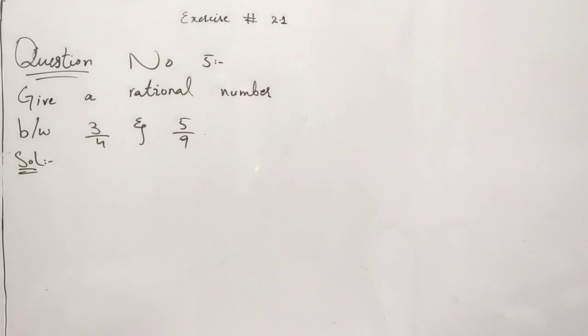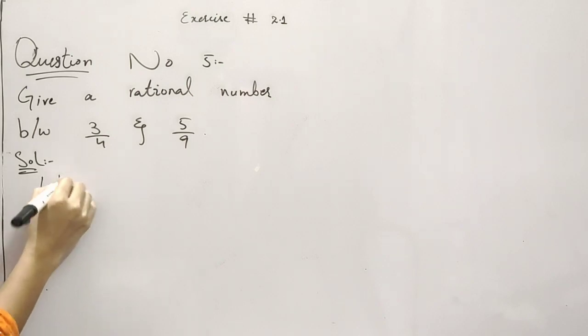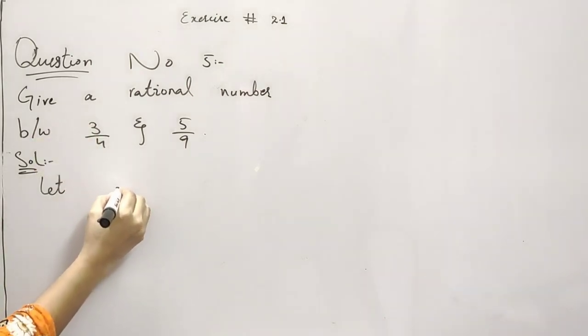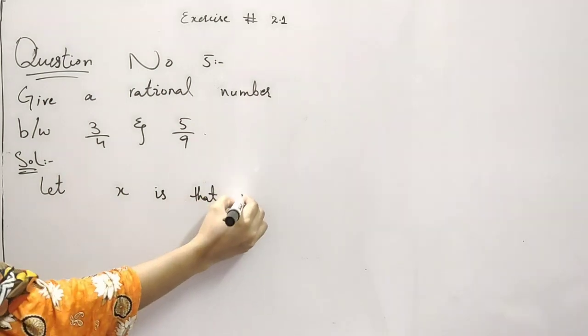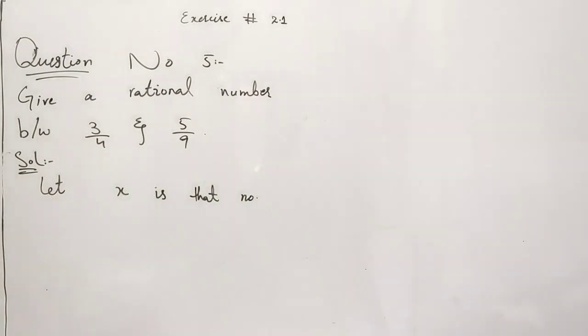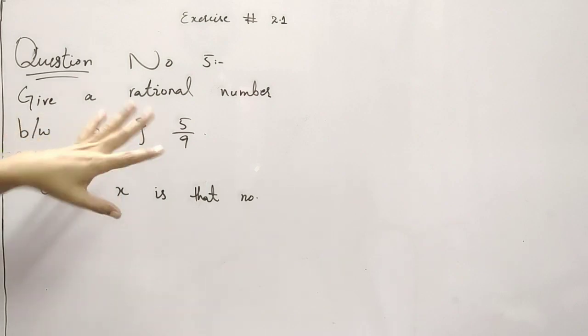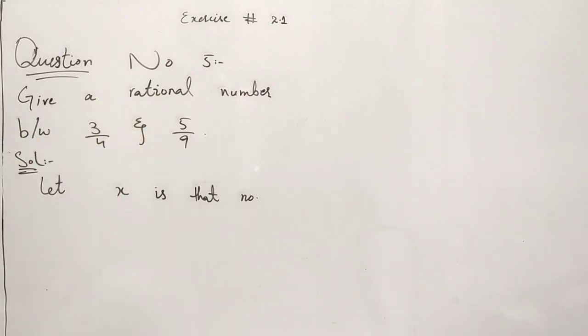And here is the solution. Let that number be x, between 3 by 4 and 5 by 9. The required number is the mean of the two given numbers.